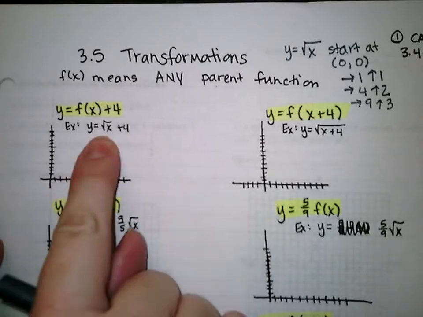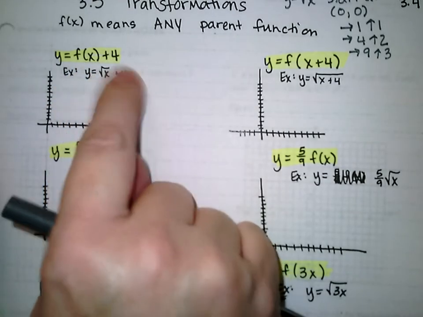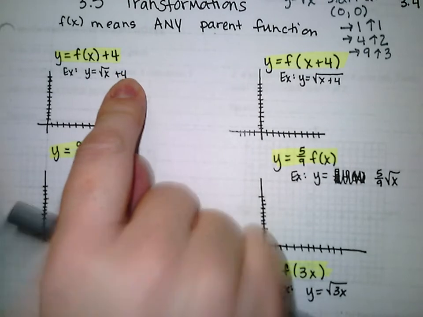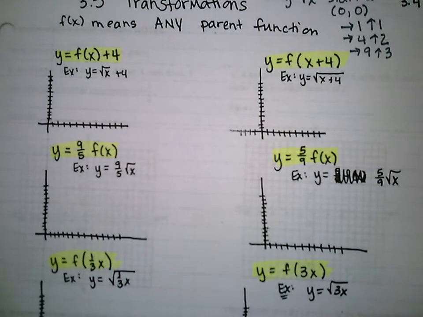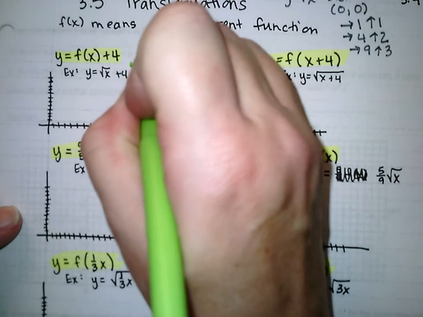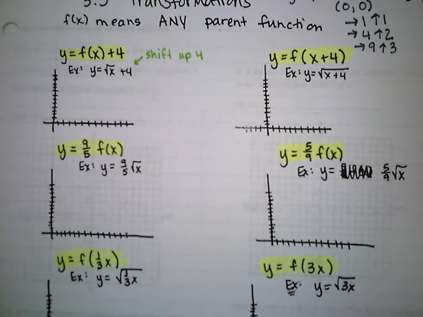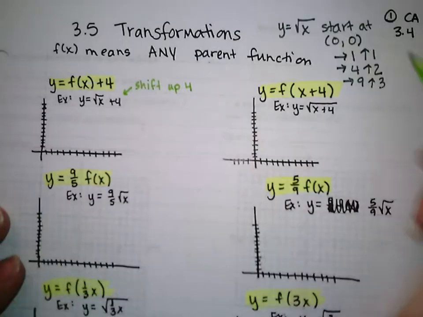So here we've got f of x plus 4. My example is square root of x plus 4. That adding 4 is outside of the parent function, so that is going to give us a shift up 4. And that shift up 4 is going to affect our starting point.